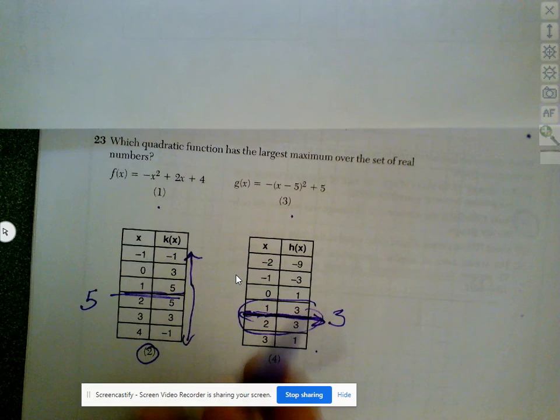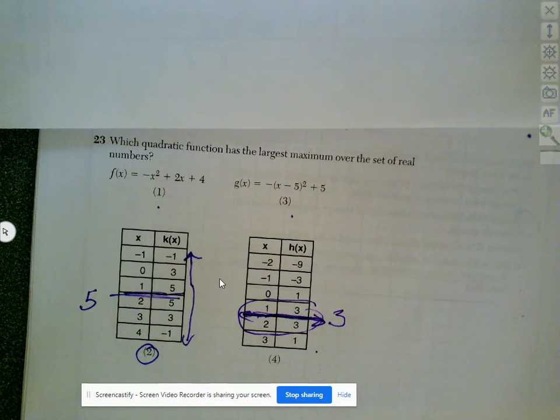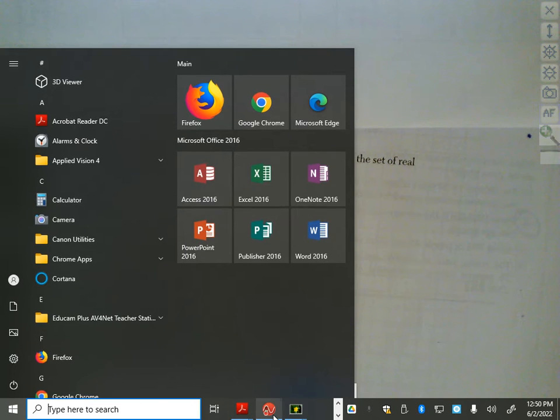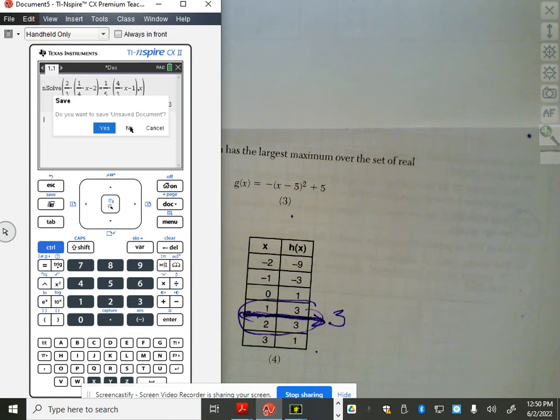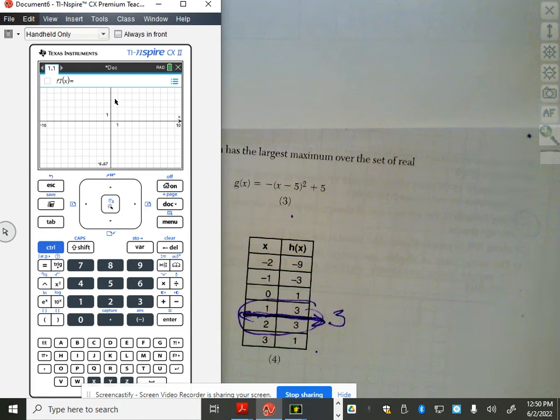So these ones now we want to pull up the calculator and graph them. This is where we're going to use our trace function. We're going to do new document, don't save, add graph. And we're going to type in negative x squared plus 2x plus 4, and hit enter.